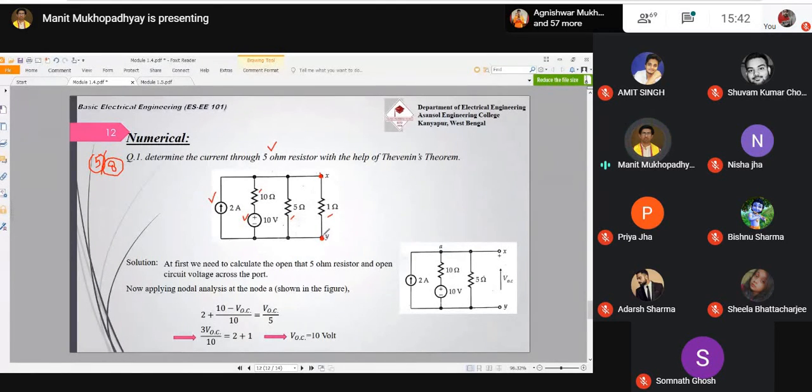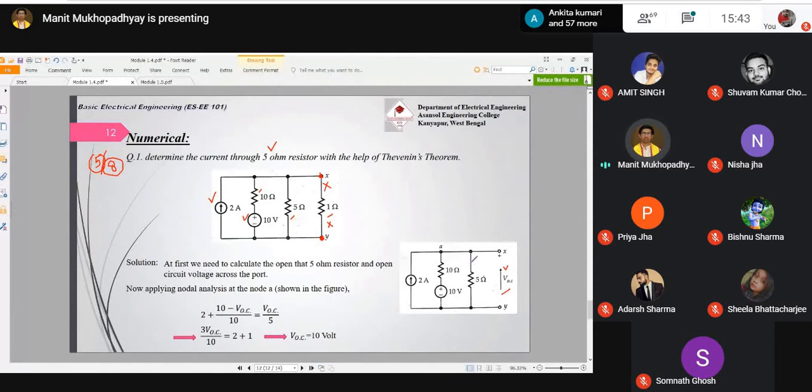Okay. So what we will do according to Thevenin theorem, we will omit this load first. Check here, we are omitting the load. Now we need to calculate the VOC. How we will calculate? See that all the elements, whether it is source or resistance, are connected in parallel.